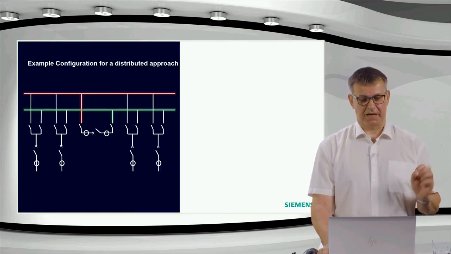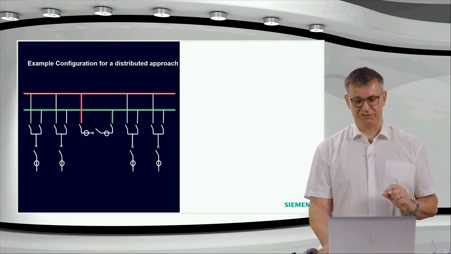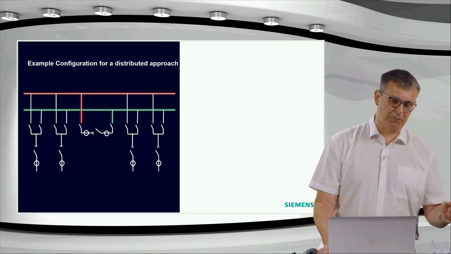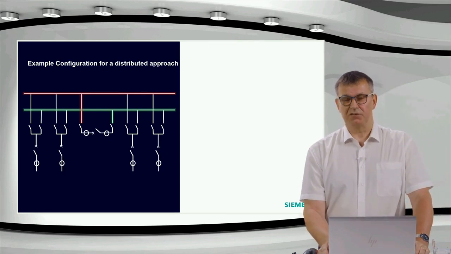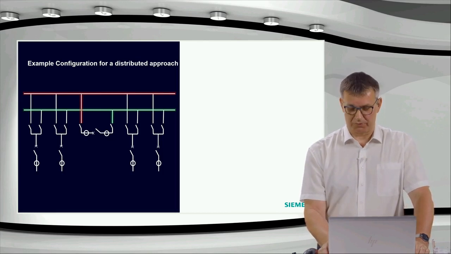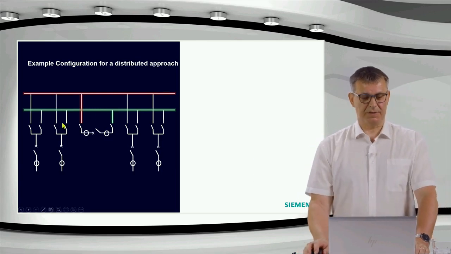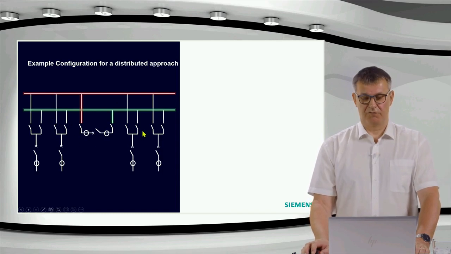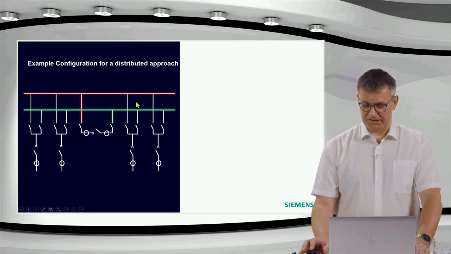What kind of substation Nina will configure, and what kind of devices, what kind of configuration I will select via the SIPROTEC 5 online configurator. It will be a double busbar with 4 feeders and with 1 coupler with 2 CDs.